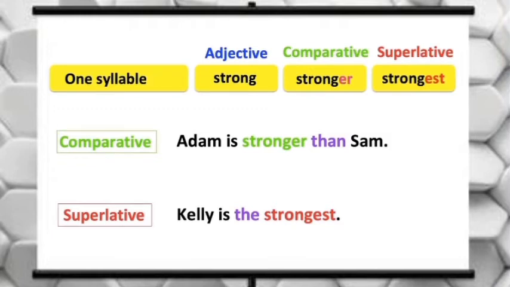Here, I'm comparing 1 person with a group of people. It's important to remember that we always use than after the comparative adjective because we're comparing 2 people. The article the is always used before the superlative adjective.